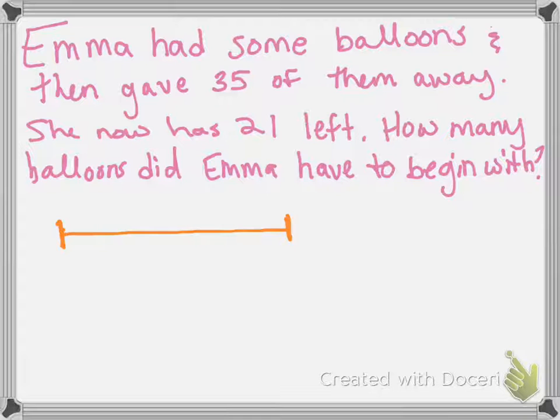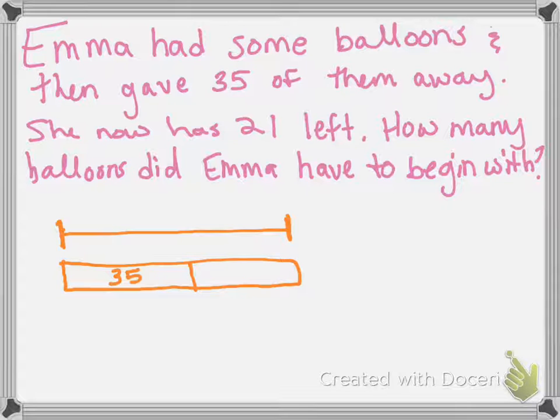And the total always goes on top. Please be drawing this in your spiral so you'll understand later on. Then down here, we're going to write the numbers that we are working with. So we know that Emma gave 35 away and she has 21. But up here, I'm going to let this be X because it's unknown. We don't know how many she had to begin with.